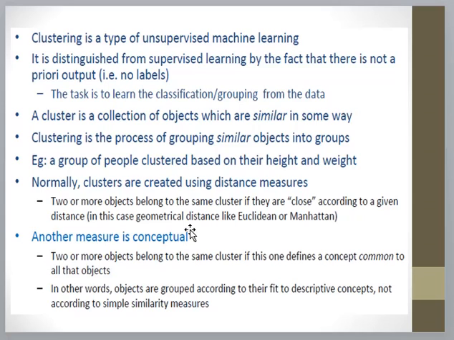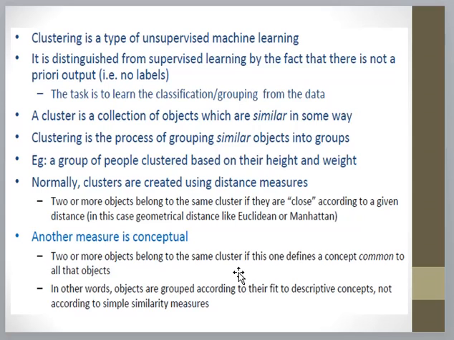Another measure is conceptual. So another measure which can be used to form groups or clusters can be a conceptual way. Two or more objects belong to the same cluster if this one defines a concept common to all those objects, right? So if there is one common concept which can group multiple objects, we can use that concept in order to form clusters.